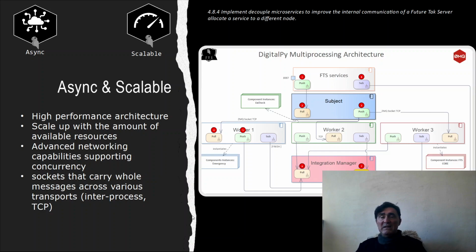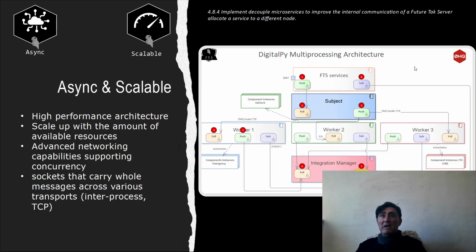So what is the magic behind all those concepts? It is a library called ZeroMQ. And ZeroMQ is a kind of socket, or super socket, or socket on steroids, that we use for the communication.